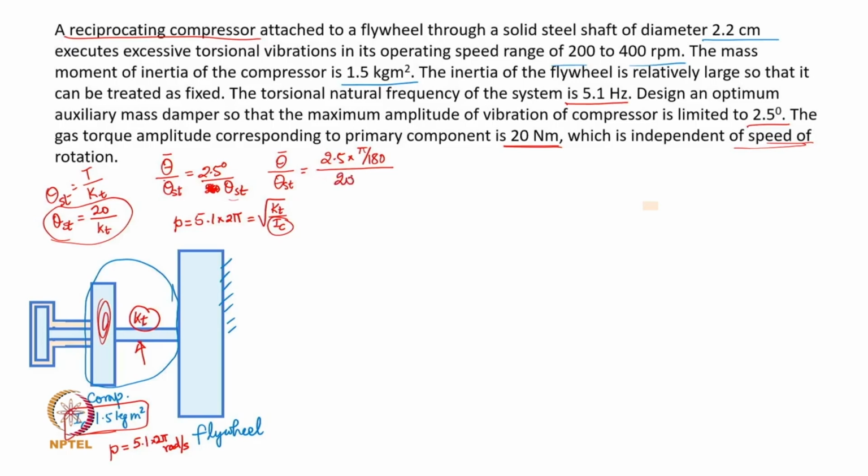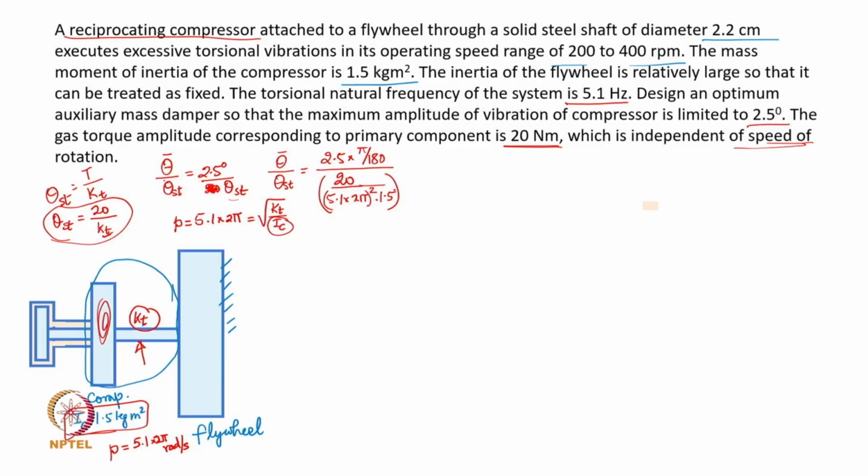So 20, and this is divided by this kt, which is going to be 5.1 into 2 pi, this whole squared, multiplied by ic, which is 1.5. I hope I have not made any mistake here. Okay, so this is going to be this ratio.